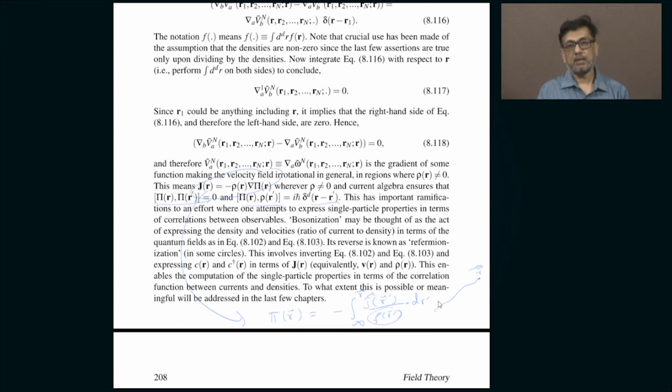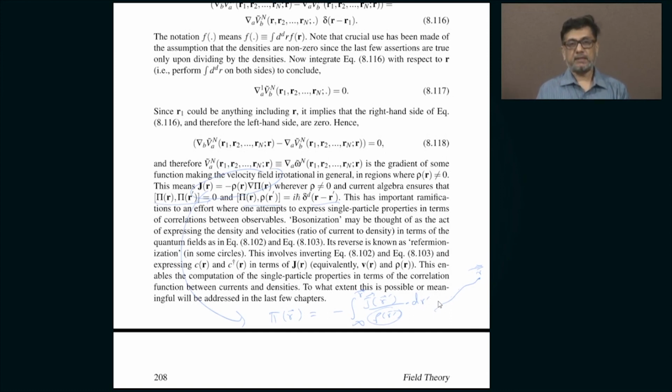See, the bottom line, the message this is trying to convey to you is about the velocity. You see j is rho times v, rho is a scalar, v is a vector, the velocity of the fluid. So, j at position r is rho at position r times the velocity vector at position r.